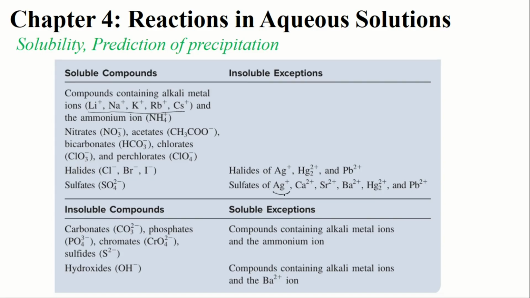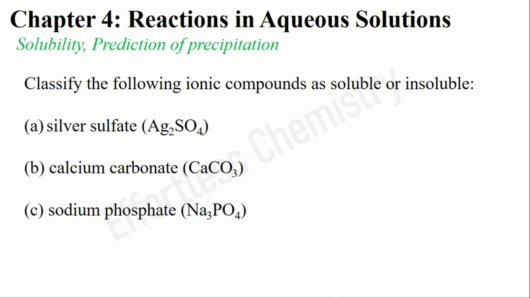So not all sulfate compounds, but silver sulfate is in the category of insoluble compounds. So I have to write here insoluble. For the second compound, calcium carbonate, we can find it here.